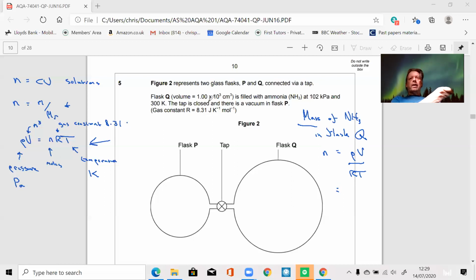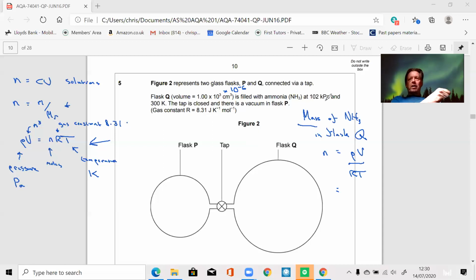Right, how many centimeters cubed are there in a meter cubed? We're going to have to deal with that for the volume. We're going to have to multiply that by 10 to the minus 6, because there are a million centimeters cubed in a meter cubed.